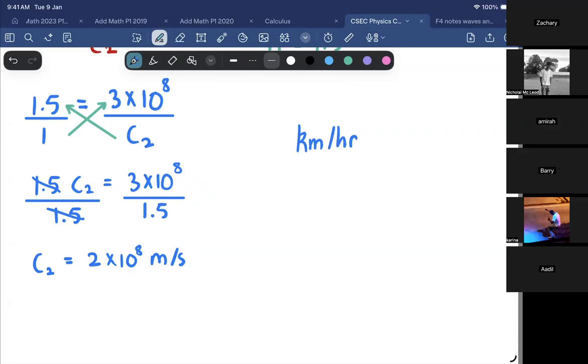Now in physics, what is the SI unit for distance? Meters. Right, meters. And in physics, we don't use hours, we use what? What's the SI unit for time? Seconds. Right. So meters per second.